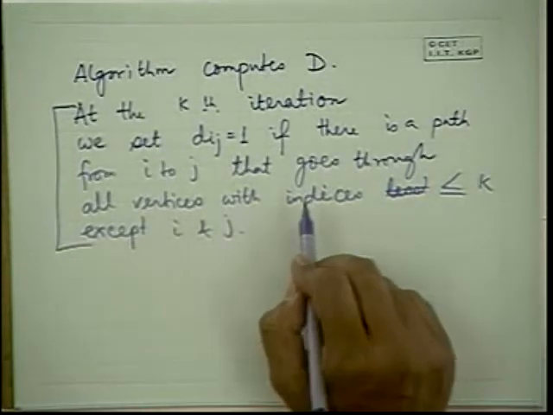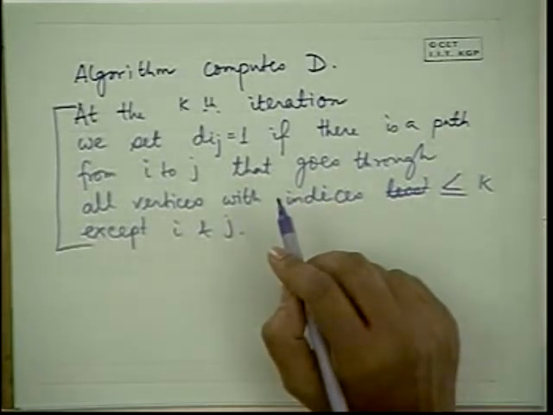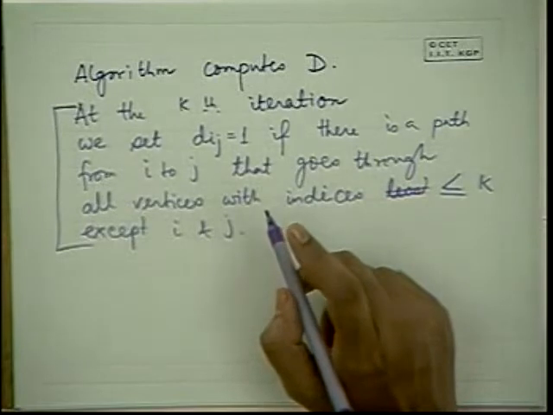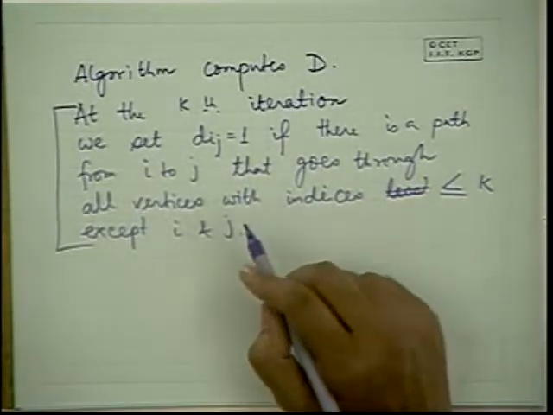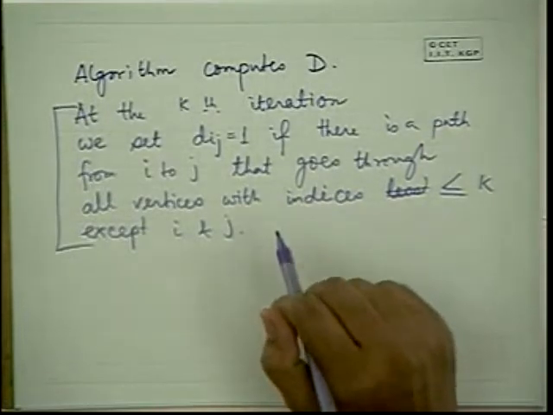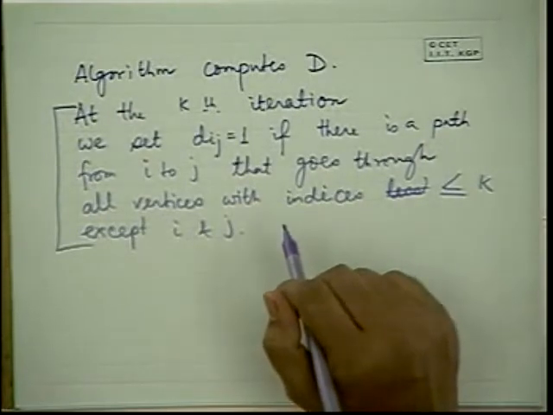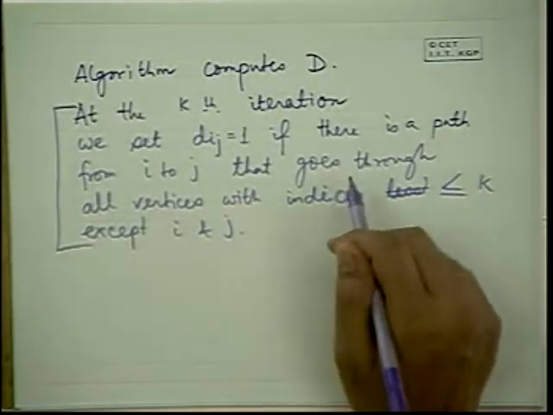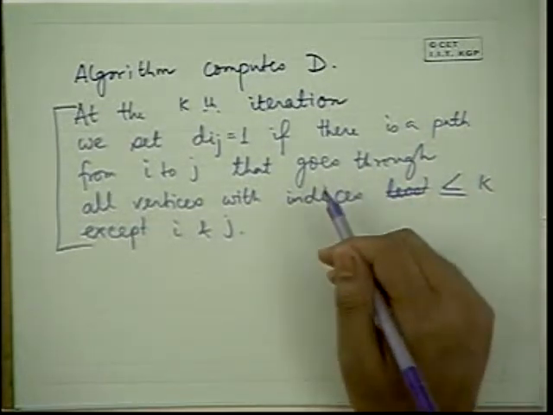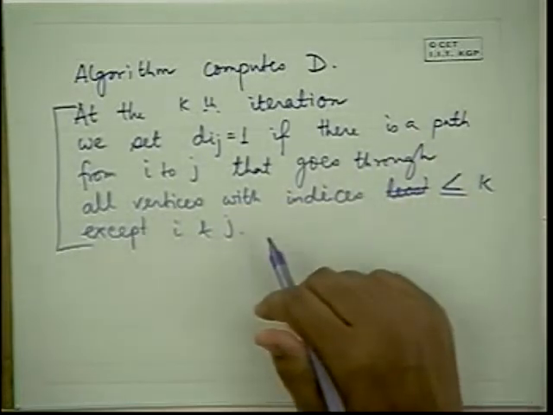Mind you, this time it is not the number of edges we are looking for. In the previous matrix multiplication algorithm, we were looking for the number of edges; length of the path was important. Here it is not the length which is important, it is the index of the vertex. Whether that path has gone through an index more than k or not. If it has not, that path is okay. Then we set Dij equal to 1.